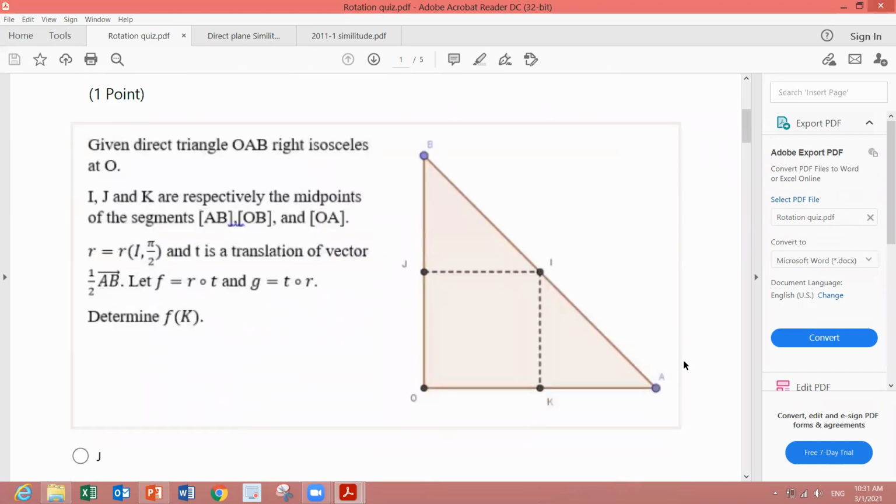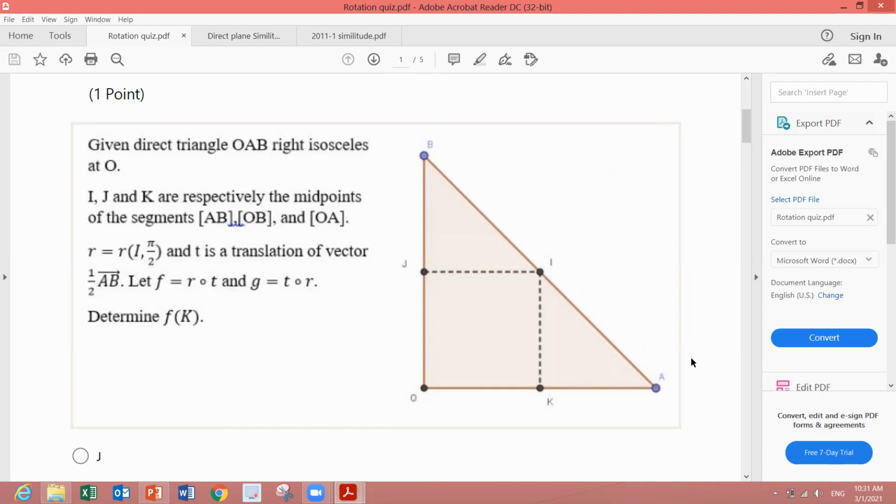نتسلى. طيب يلا. Read the given. Right isosceles at O. A, J, and K respectively midpoints of segment.